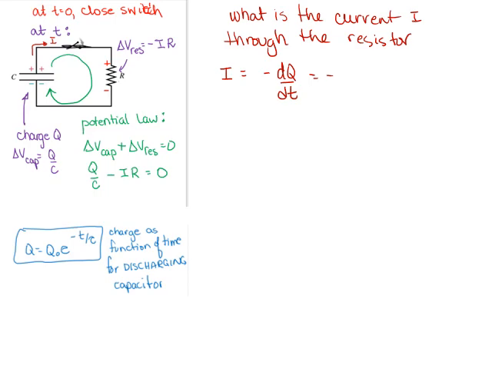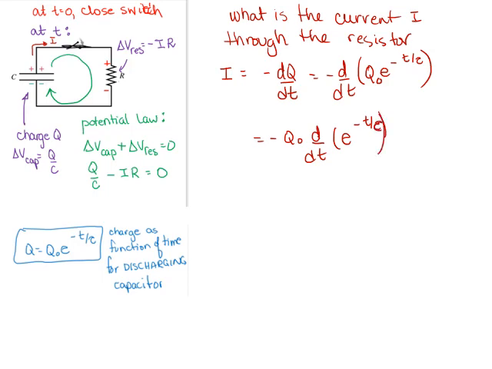So we've got minus d by dt of the charge, but the charge is Q0 times e to the minus t over tau. So all we have to do now is the derivative. Our Q0 is a constant that can come out front, minus Q0 d by dt of e to the minus t over tau.